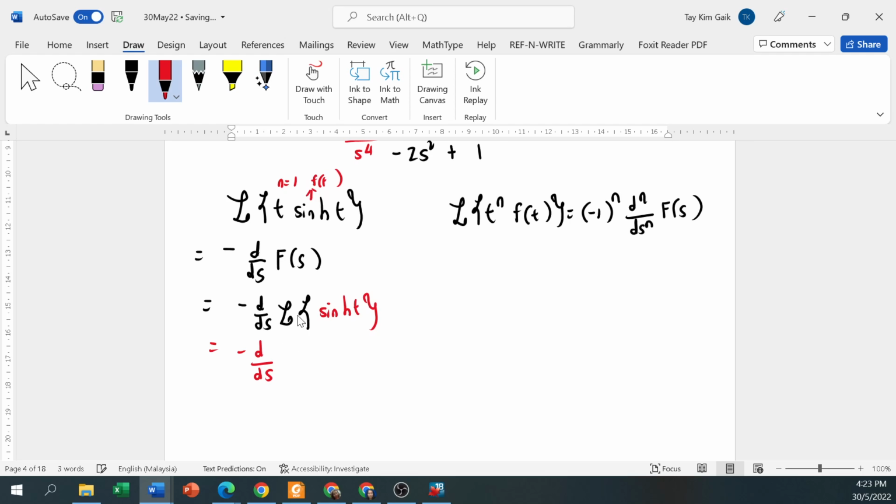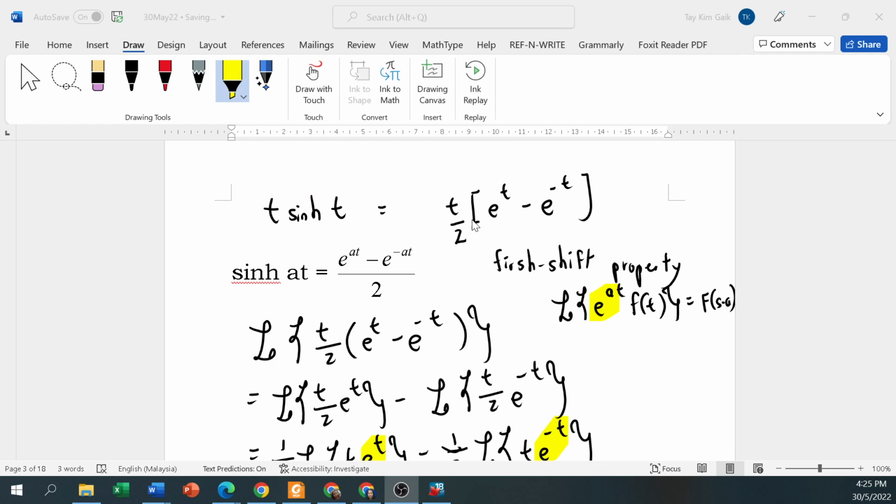And then the Laplace transform for hyperbolic sinh t. Let's call someone. Hadira, just now, are you around? Exponent at minus exponent negative at, this is a sinh at equivalence formula.